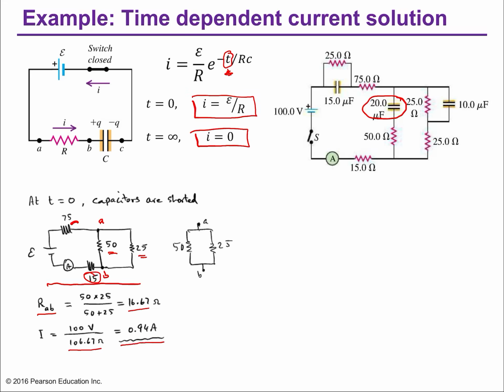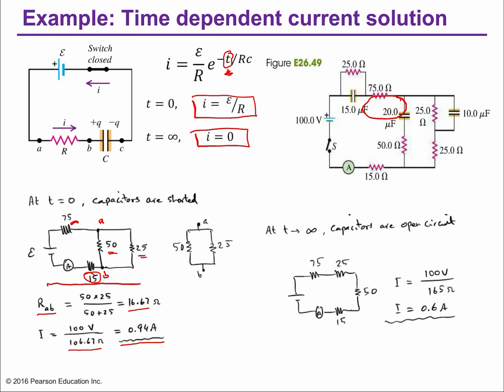Next, apply the part B situation, which means the capacitors are open circuit. Well, if you go back to the circuit and consider all the capacitors to be open circuits, you will see that the 25 ohm here and that 75 ohm just remain.